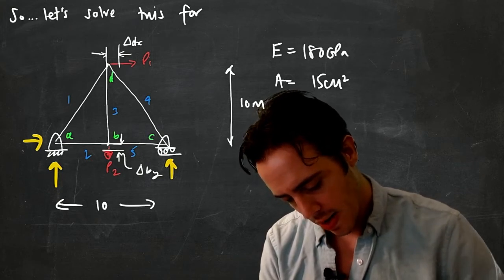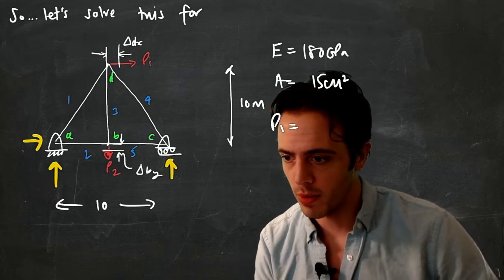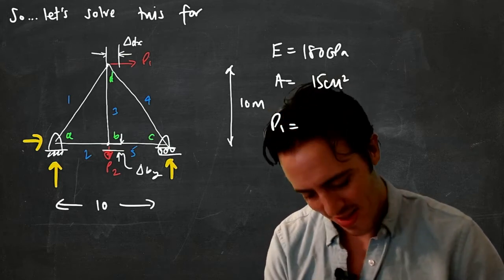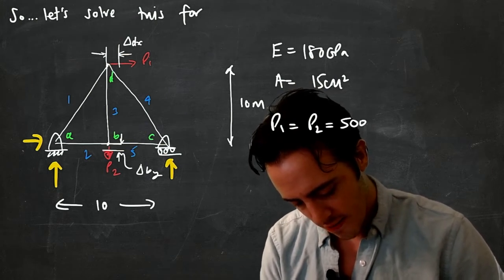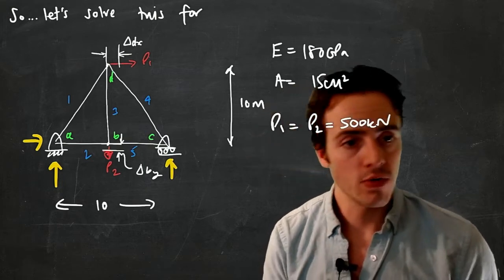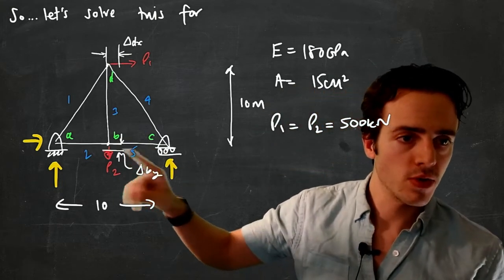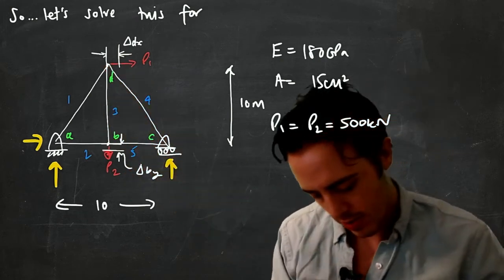Is that all we need? Let's say P1 is equal to P2 is 500 kilonewtons, because I've done all these calculations before and I want to check that I'm writing down the same answers. And what I'm going to actually want to solve is not just the vertical displacement, I want to know what is the total displacement of these two nodes.